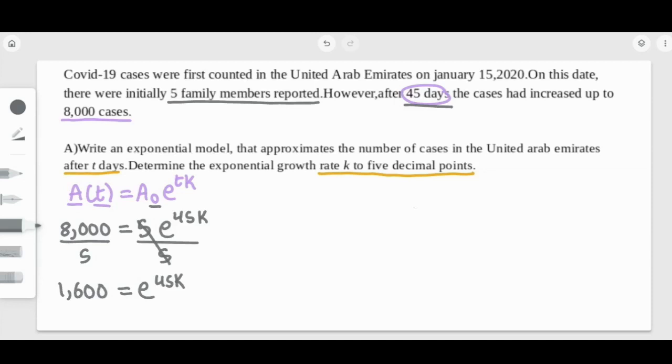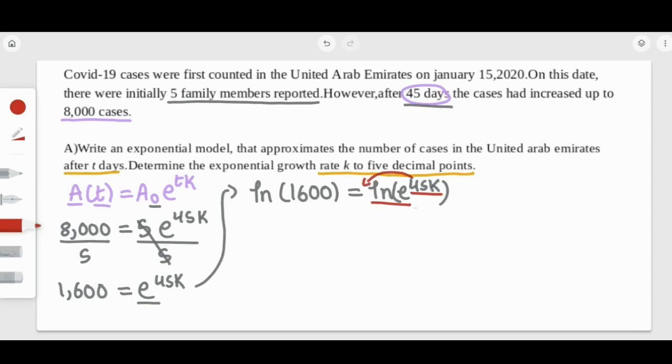Logs will help us to find the answer, so we're going to insert the ln since e is related to the natural logs. So it's going to be ln of 1,600 equals ln of e raised to 45k. Since 45k is an exponent and is related to the natural log, we can move it to the front of the log.